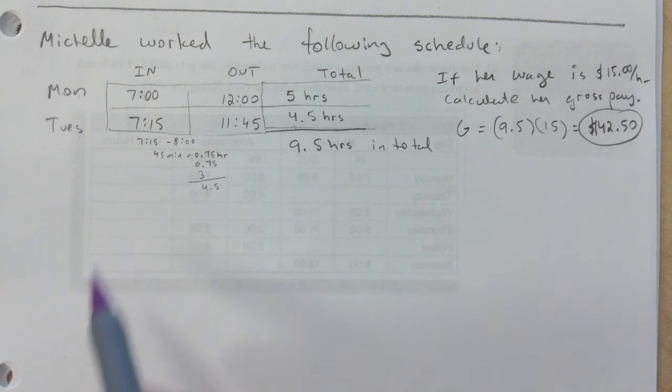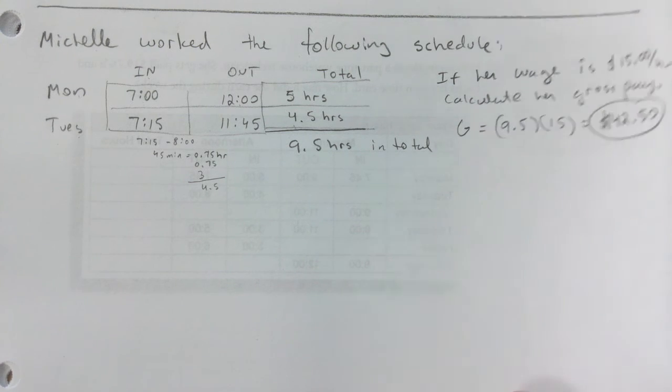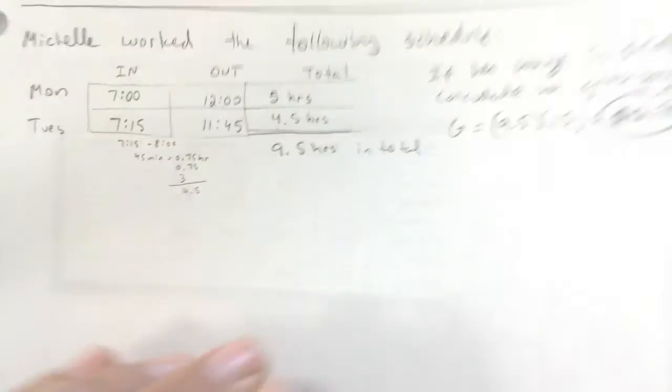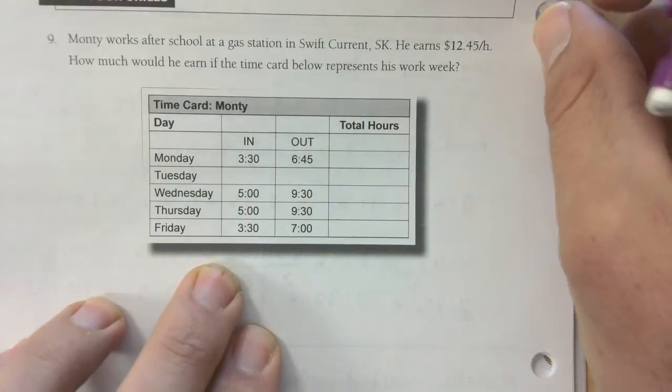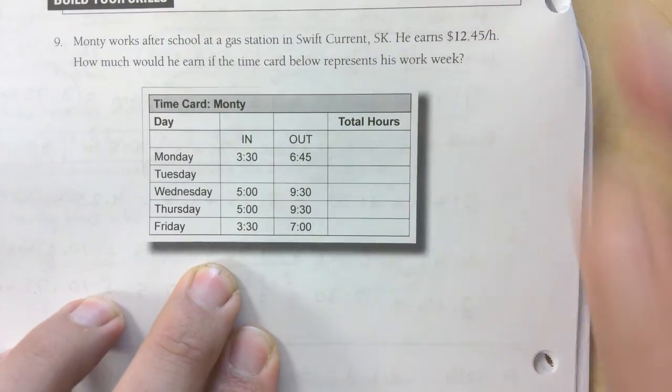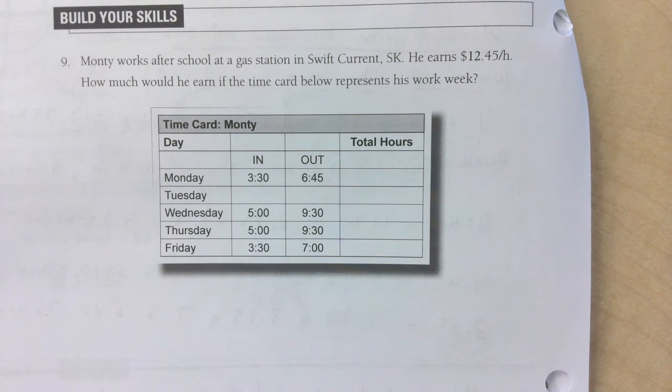We're going to leave this bottom part blank, and we're going to go to page 10. You should be looking at this one right there. This is on page 10.